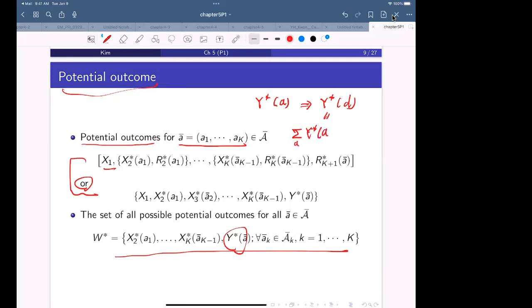Because potential outcome was originally defined only in terms of A, for a D we need to derive the potential outcome with respect to D from the potential outcome for A. That is basically the idea.